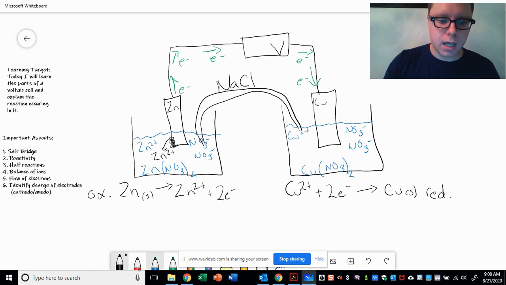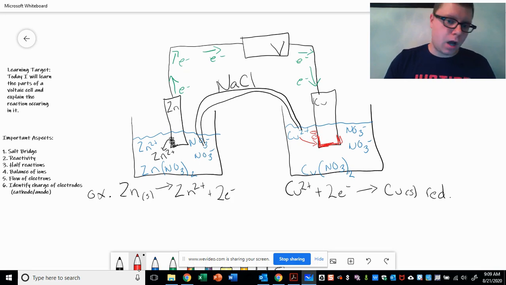And the opposite is going to happen over here. Since our ions that are already in solution, they're going to gain electrons, which are all on the surface of this, and they're going to form more copper on the bar that's already in there. So you're going to add mass over here.